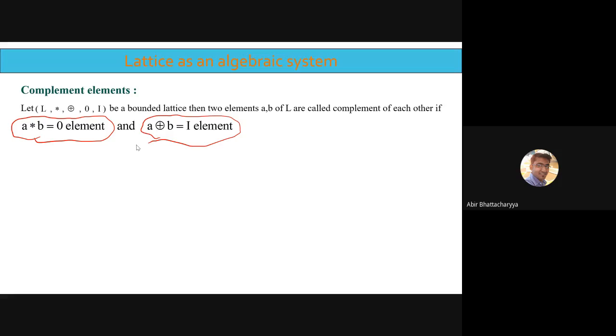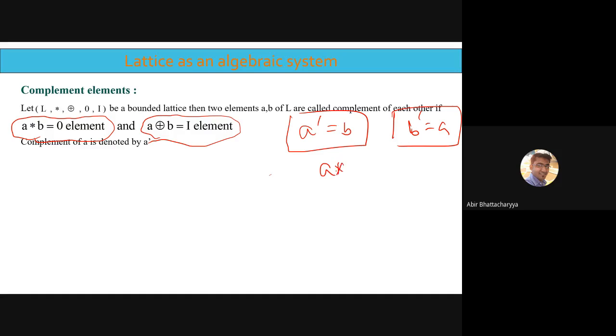Hence, I can say that A is a complement of B. The notation of complement is A prime. I can say A prime equals B, or B prime equals A, when A * B equals the 0 element and A +circle B equals the I element.